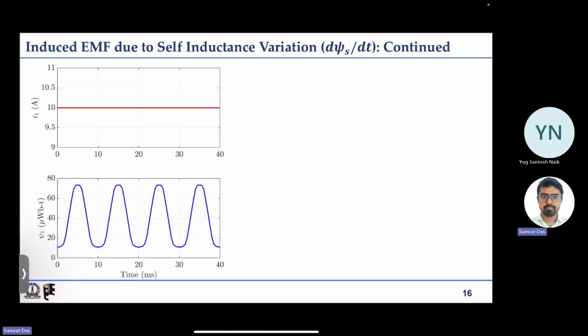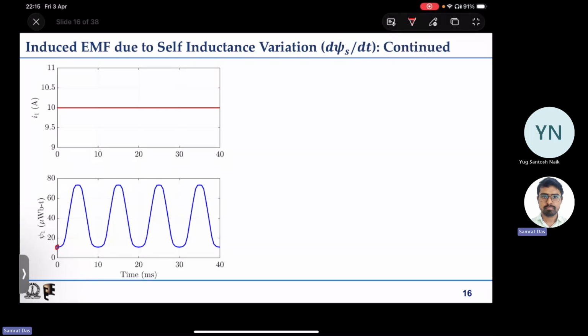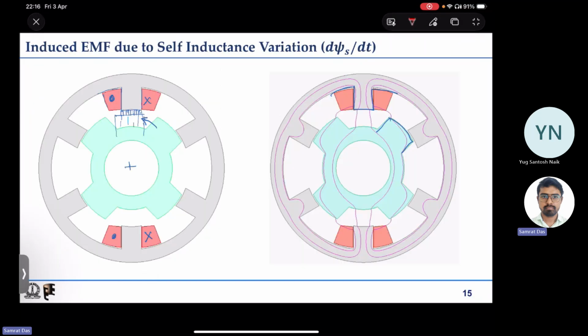So this is the case. We have some constant current flowing through the coil, and as we have seen, the flux linkage of the same coil keeps on changing. It is minimum when the poles are not overlapped with respect to each other, that is this position.